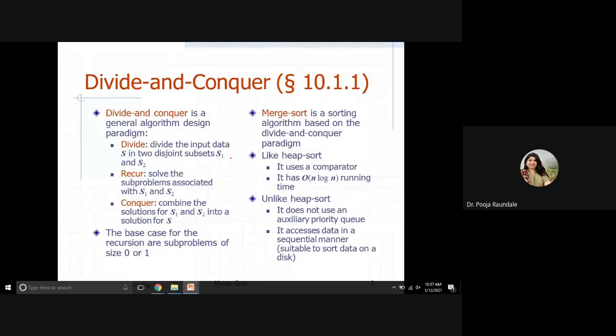As we have already seen, we divide the problem into subsets of the problem, so let's say S1 and S2, then we apply the solution with the recursive method. We solve the sub problems in S1 and S2 both, and then we combine or we conquer.